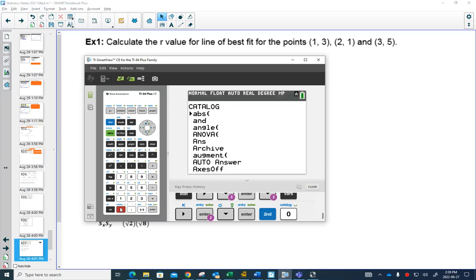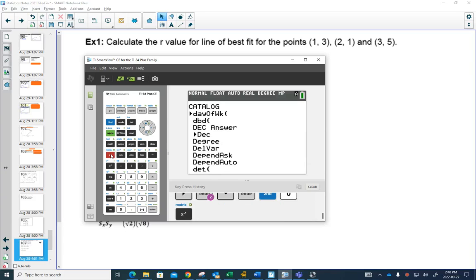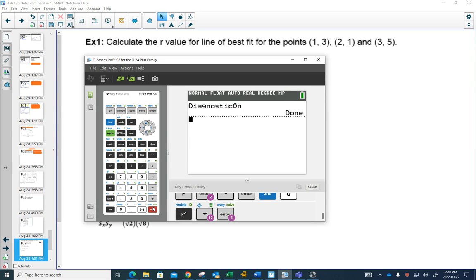Anyways, you can scroll down until you get to diagnostics, or if you automatically push the letter D, it will jump to D. And if I push diagnostics on and push enter, it'll say done.